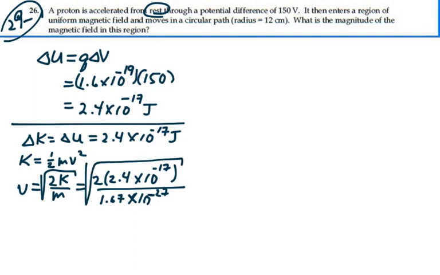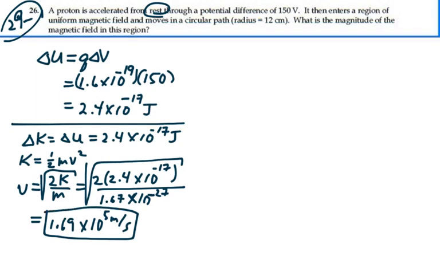All this square root, and this is equal to 1.69 times 10 to the 5 meters per second. So that's the velocity of our proton when it enters the magnetic field.